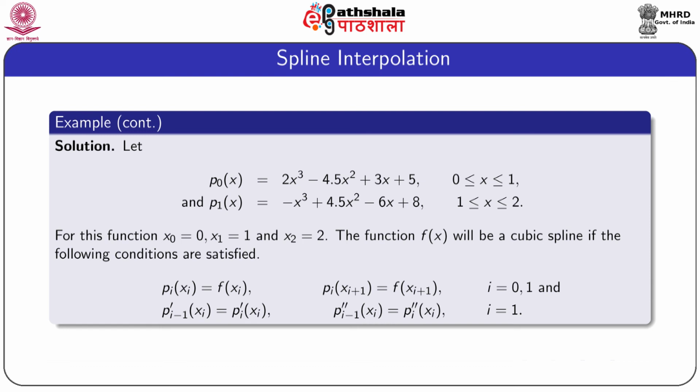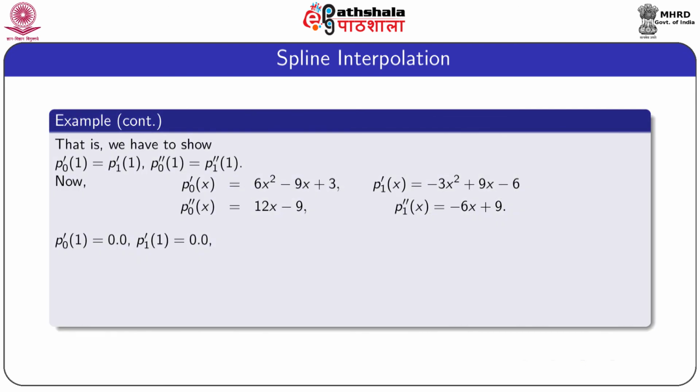And the third condition is the equal slope condition, that means the first derivative of p(i-1) is equal to the first derivative of pi at xi, and the second derivative of the polynomial p(i-1) and the second derivative of the polynomial pi are equal at x equal to xi, but these two conditions should be satisfied for i equal to 1 only.